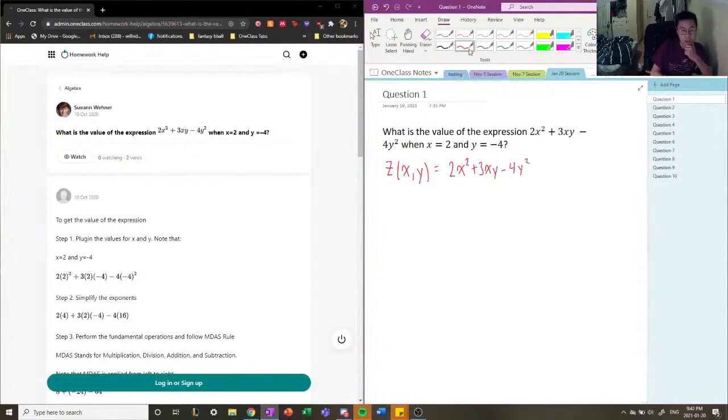So if we were to think about it as having two pools of values, in our first pool here, we have our values of x and y. We call this our domain of function z of x, y.